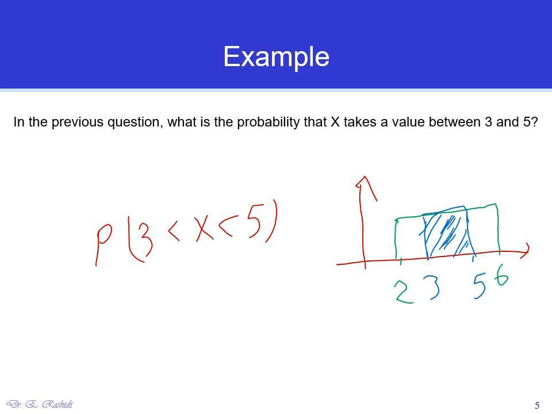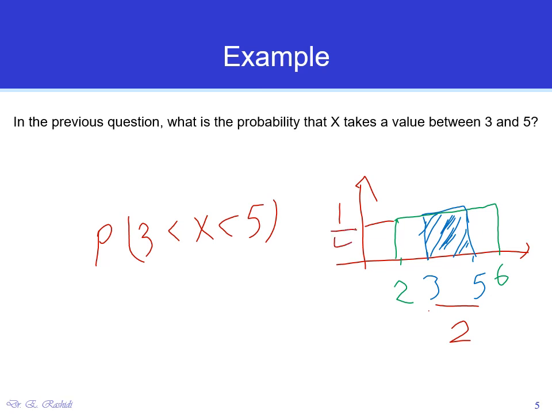The area of this square here. It's not a square actually, it's a rectangle. And so the area is height multiplied by the base. So the base here is 3 to 5, that's 2. The base is 2, 5 minus 3. So the base of this shaded area is 2. The height is equal to actually the probability density function value, which is 1 over 4.